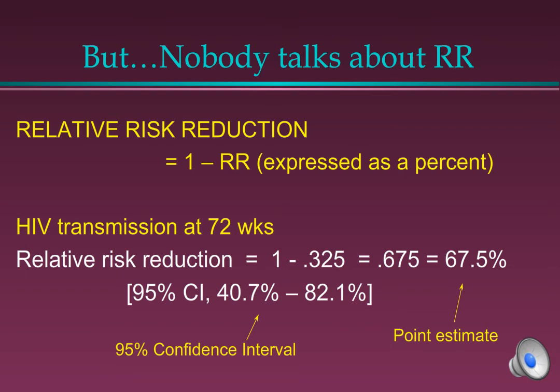And the upper limit of that confidence interval is 82.1%. Again, the confidence interval is the best guess for the plausible values. If the true relative risk reduction were 67.5% and we repeated the study over and over again, 95% of the time, we would find a result between 40.7% and 82.1%.